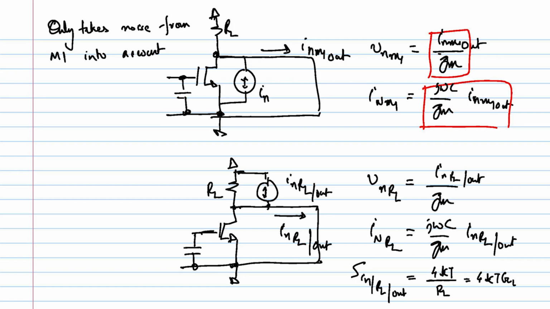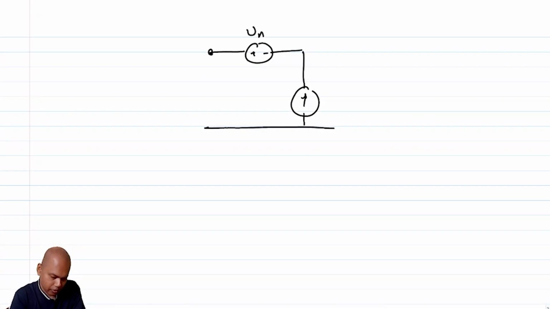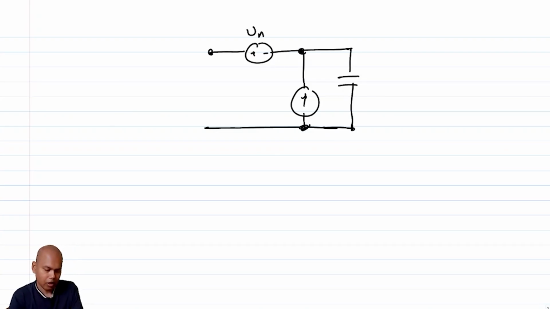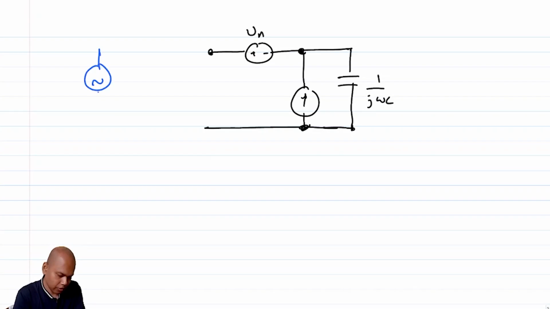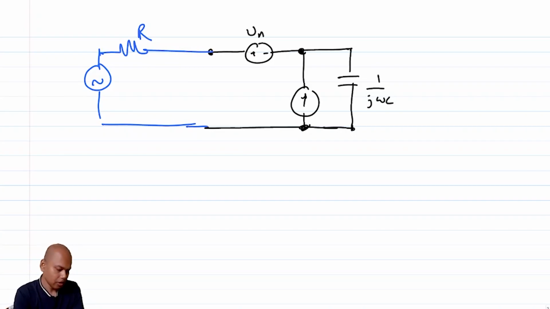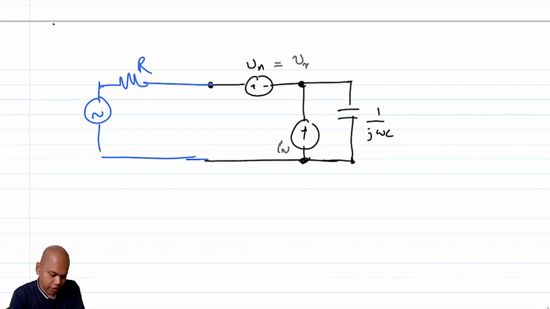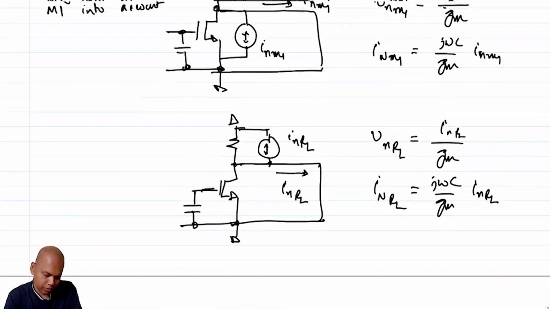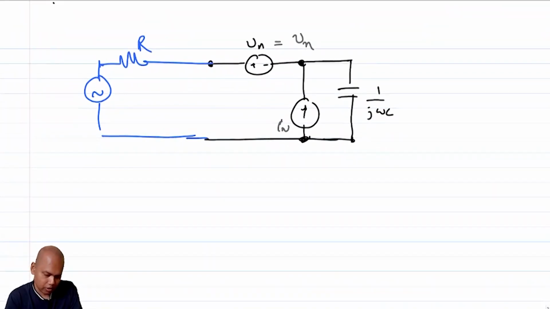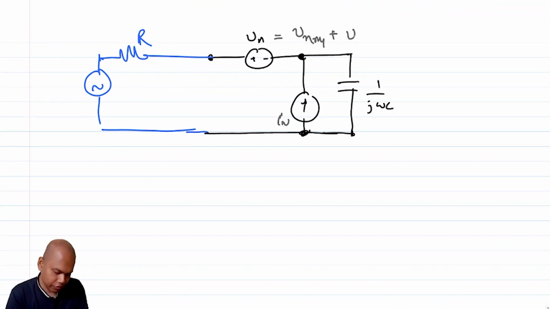So now what is the equivalent noise picture? You have a Vn and an In, a 1 over J omega C, and this input R. And Vn has two contributors, VNM1 plus VNRL.